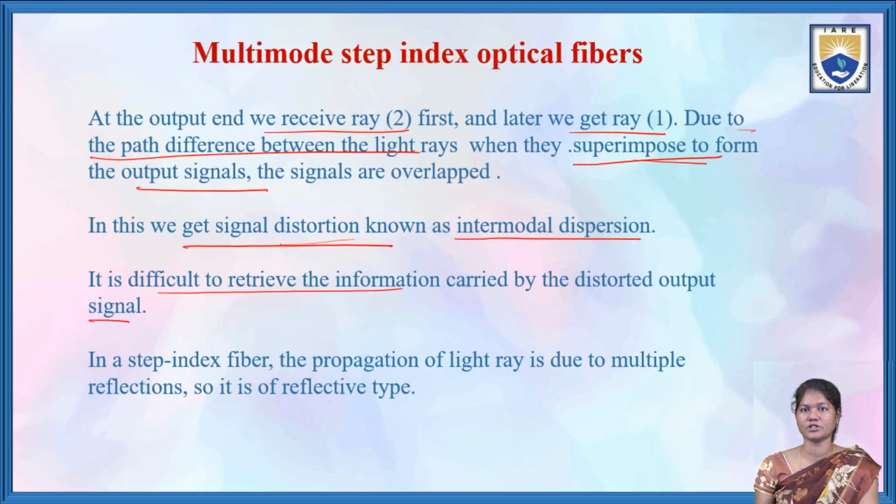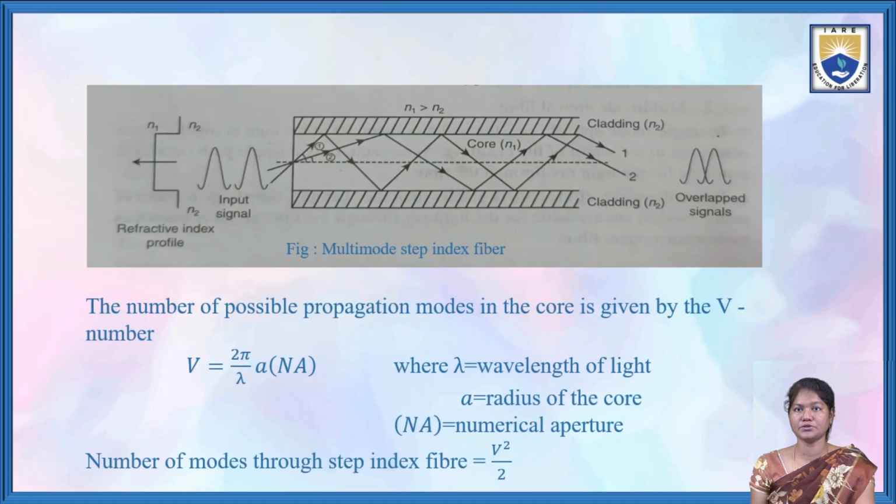In step index optical fiber, the propagation of light ray is due to multiple reflections, so it is a reflective type. Here it is easy to understand through this diagram, multi-mode step index optical fiber.